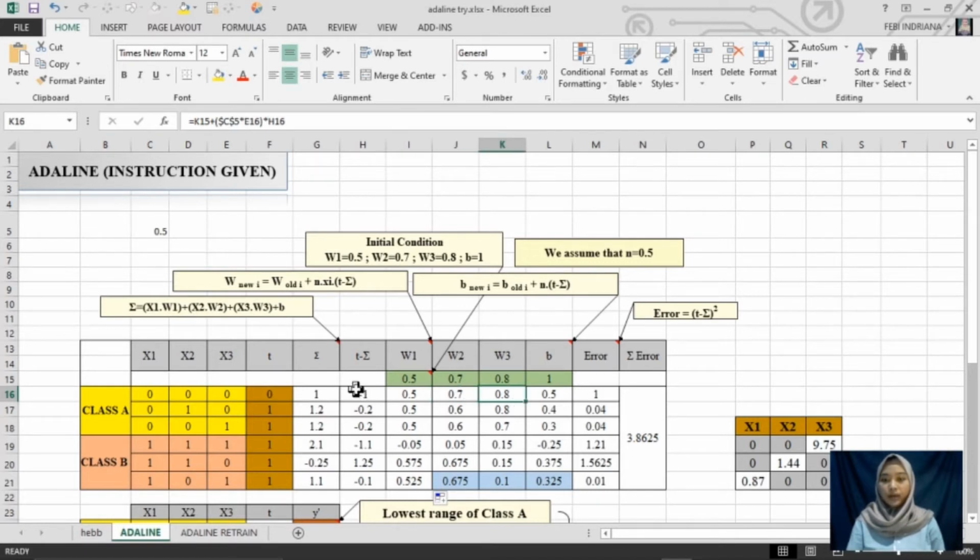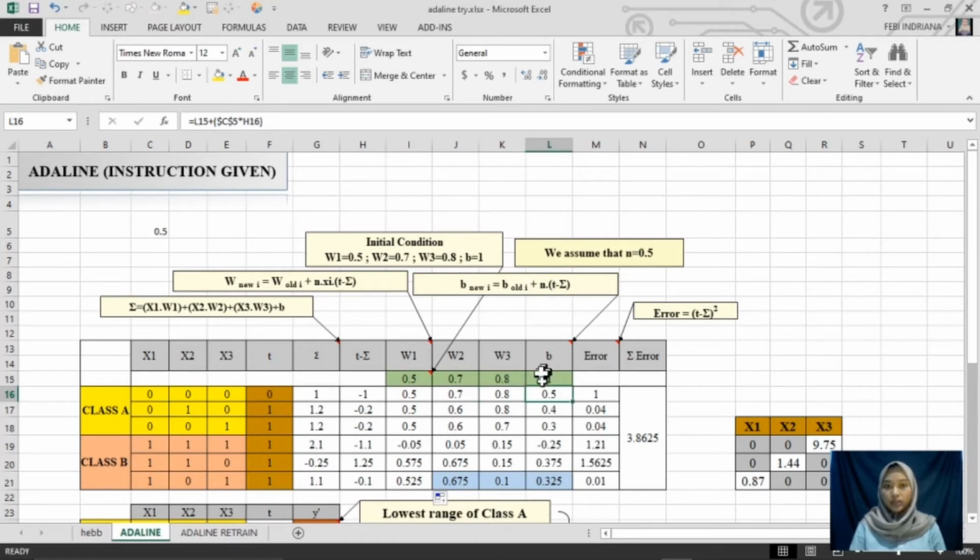And for W3, we use the formula W old plus n times x3 times t minus sum. The next column is B, or bias. We can know the value of bias by using this formula: B new equals B old plus n times t minus sum.